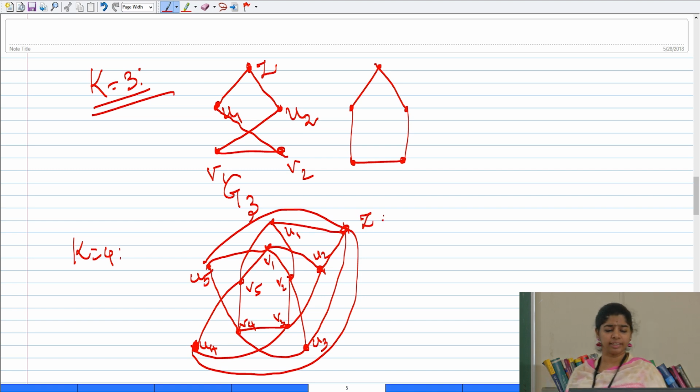So, are you convinced that this is a graph which has no triangles? Why or how?